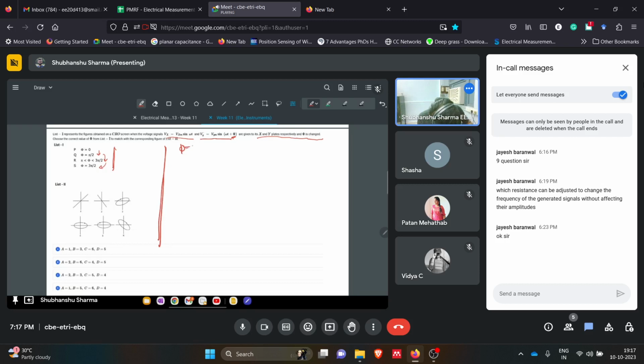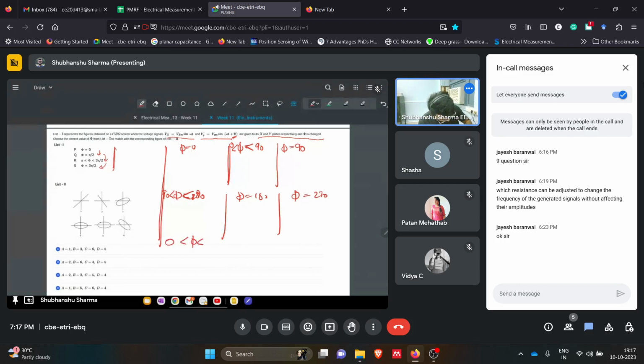Phi equals 0, phi greater than 0 and less than 90, phi equals 90, then phi greater than 90 and less than 180, then phi equals 180, then phi equals 270, then phi between 270 and 360, then phi equals 360.